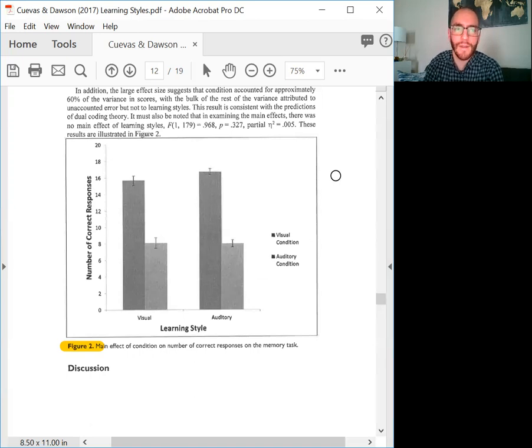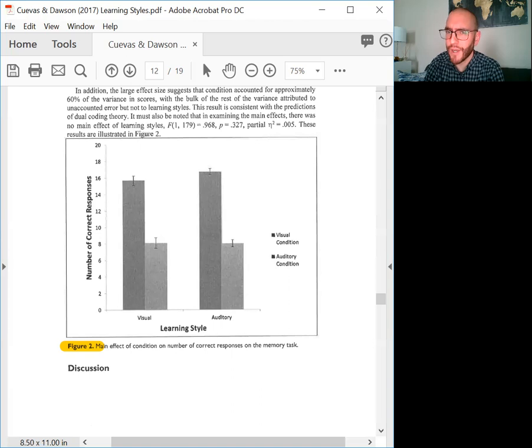So your job, as you read this article, is to interpret these results and use these results in your interpretation of them and the authors' interpretation of them in this study to inform your recommendation. Do we have evidence here that the matching hypothesis is supported, or have we failed to support the matching hypothesis?